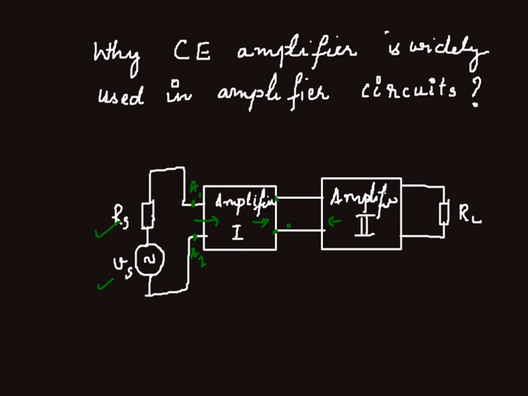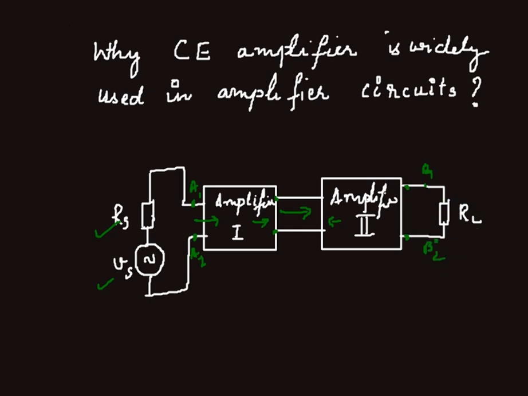And to this source you are connecting the second amplifier, isn't it? Which means the input resistance of this amplifier should be high again, and the output resistance of this amplifier should be low. And to these terminals, say I call it B1, B2, you are connecting the load and taking the output.